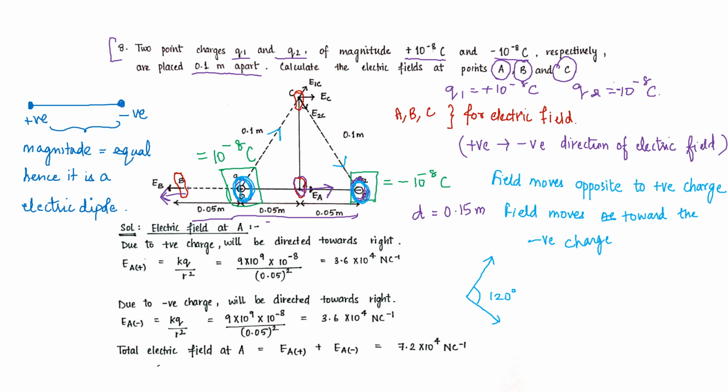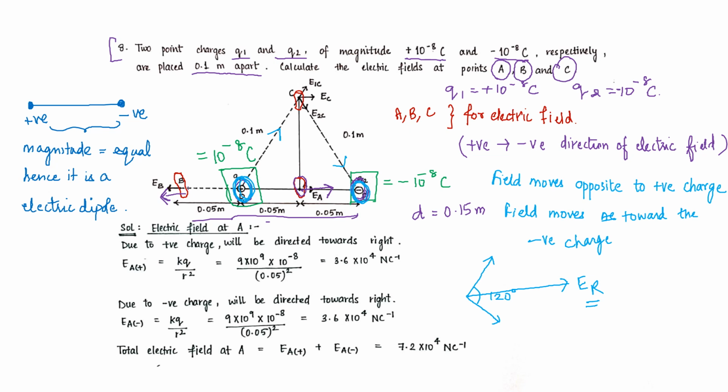So what next step will we do? We will find the resultant of it. This is the electric field resultant. How will we find the electric field resultant? Using the parallelogram law of addition, we will find the resultant electric field.